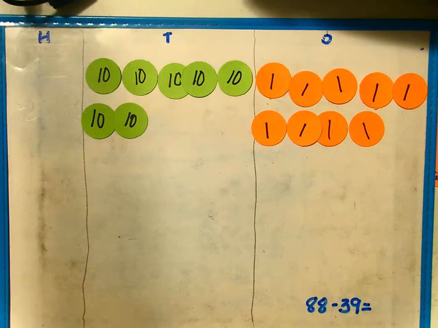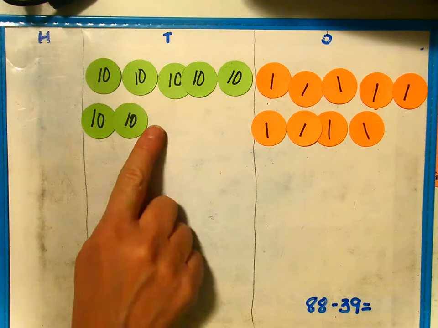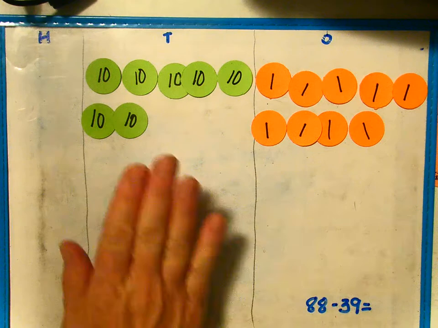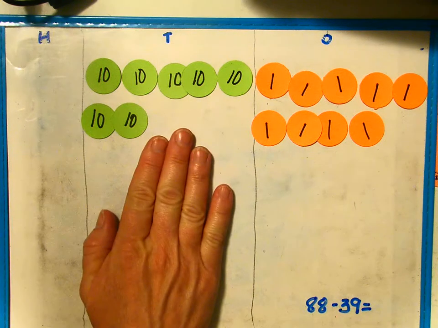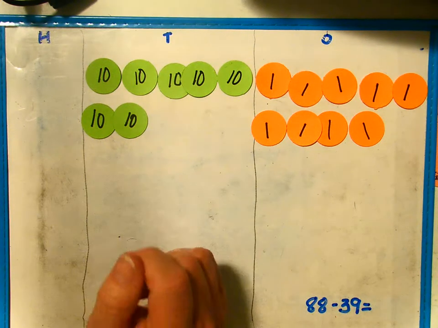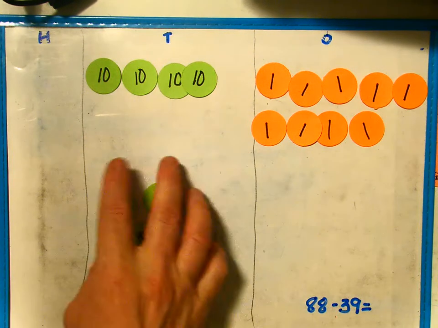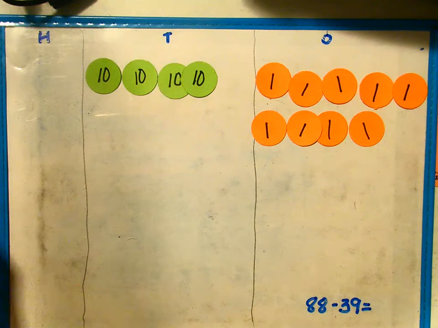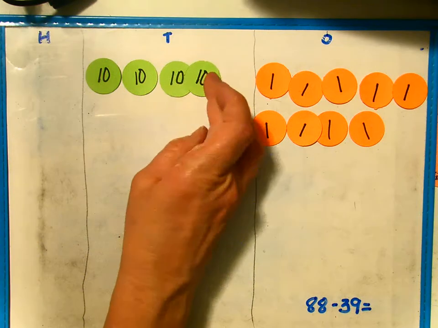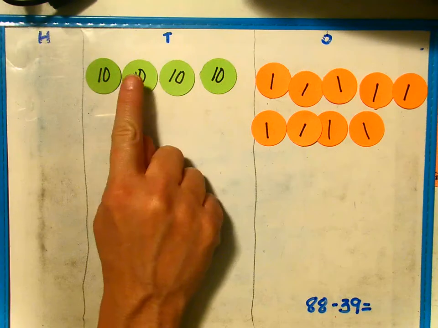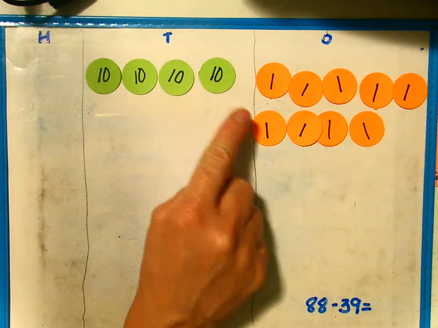All right. Now I need to come to the tens. I have 7 tens left and I need to take away 3 of them. Can I do that? I can. Good thing we don't have anything to go to. 1 ten, 2 tens, 3 tens, or 30. So what are we left with? 10, 20, 30, 40.